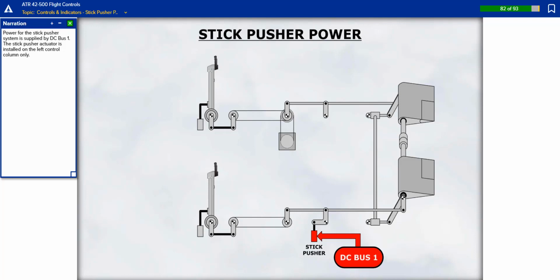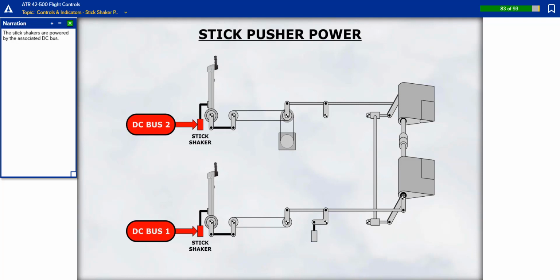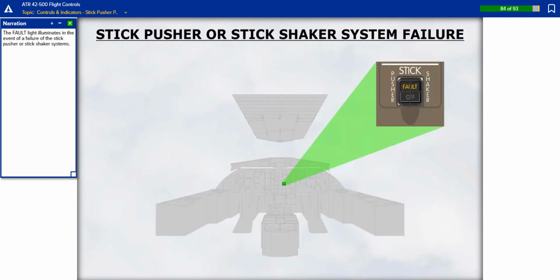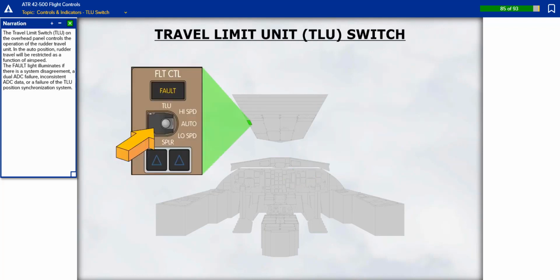The stick pusher actuator is installed on the left control column only. The stick shakers are powered by the associated DC bus. The fault light illuminates in the event of a failure of the stick pusher or stick shaker systems.